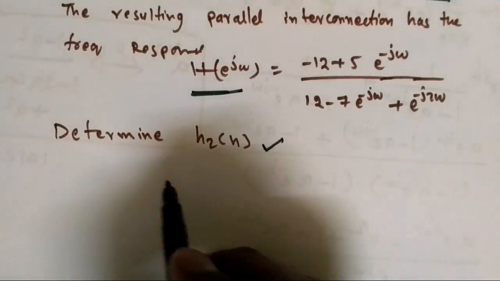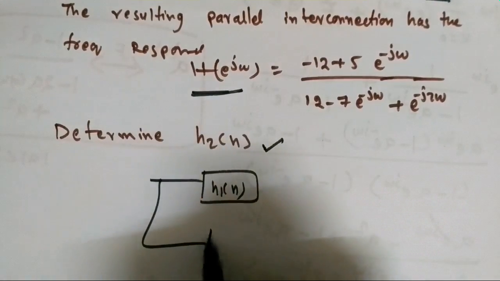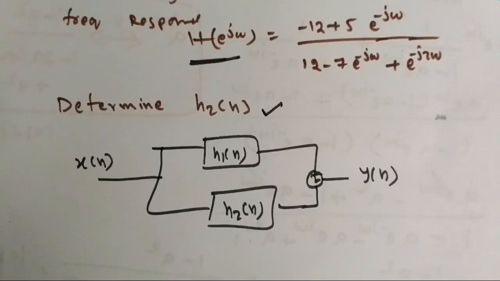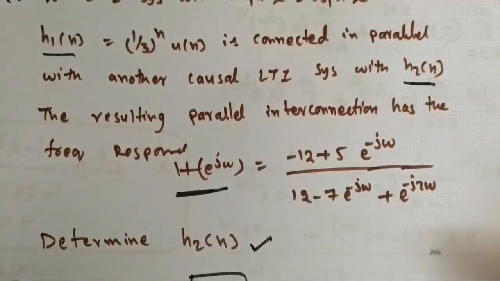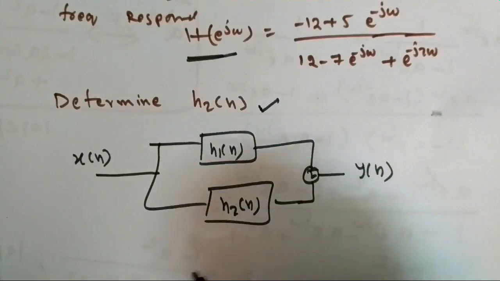Now we know that parallel combination means h1[n] and parallelly h2[n], and there is a sigma. So this is the parallel interconnection, that is h1[n] and h2[n] connected in parallel. Right?